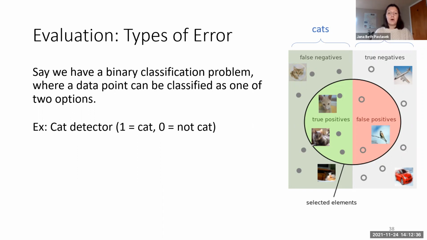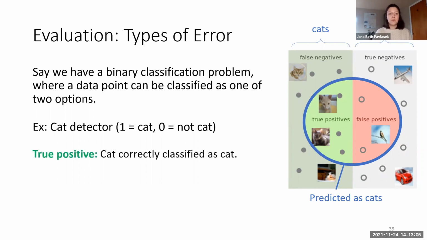All of these elements on the green side are cats, and everything on the gray side are examples that are not cats. In this center image, let's say we have a classifier that predicts this center circle as cats. So all those ones are classified as cats, and the ones outside the circle are classified as not cats.